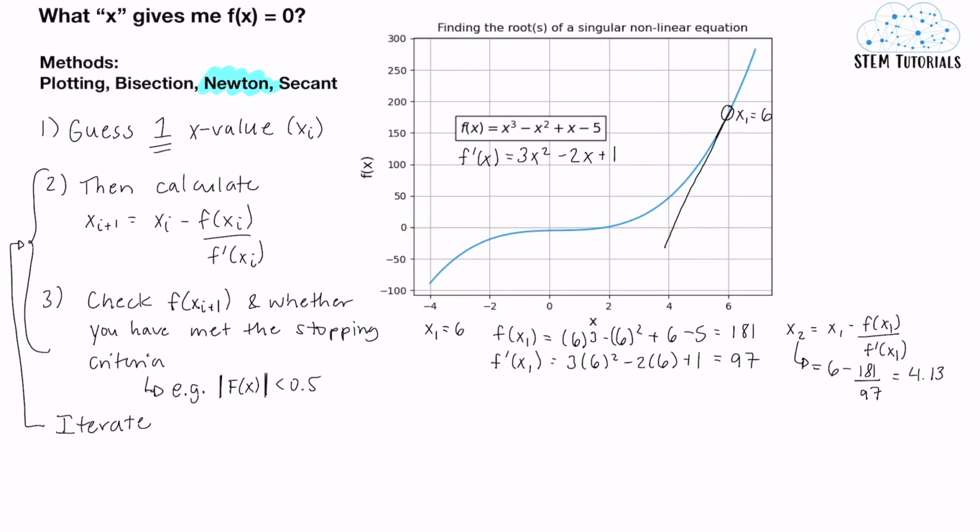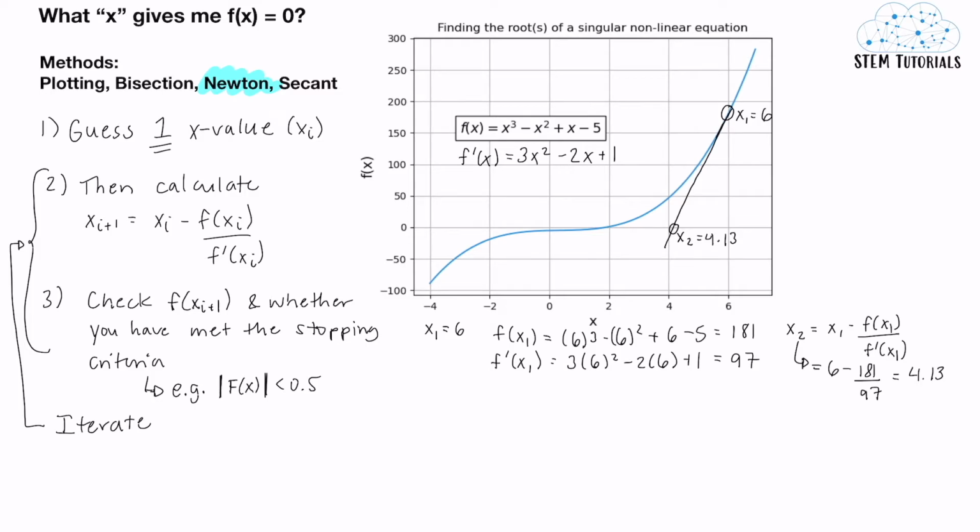And so we see what we've calculated is this value of 4.13. So here we have x2 equals 4.13.